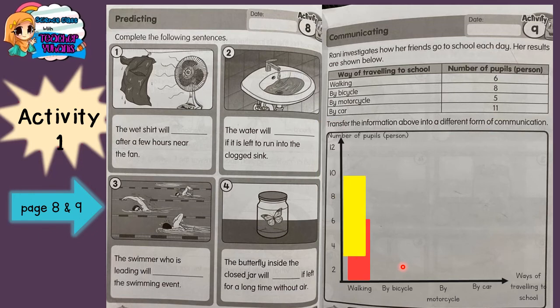By bicycle, 8. I want you to do by motorcycle and by car on your own. I hope you can do it because I have shown you the example.